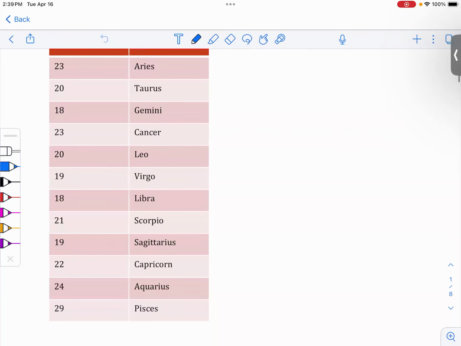So we have 12 zodiac signs. And so basically we're identifying each of those proportions. P1 equals P2, which equals P3, equals P12. All right.